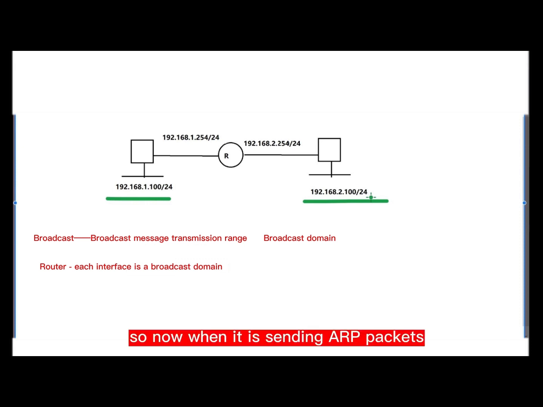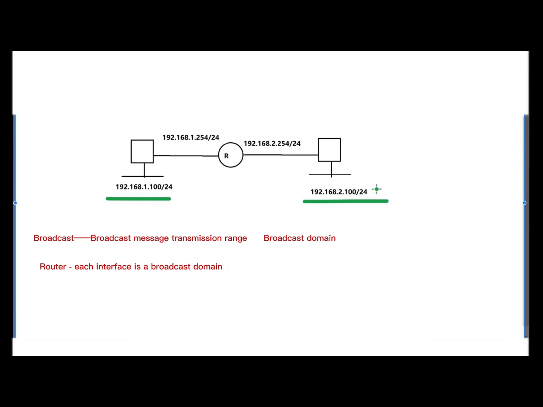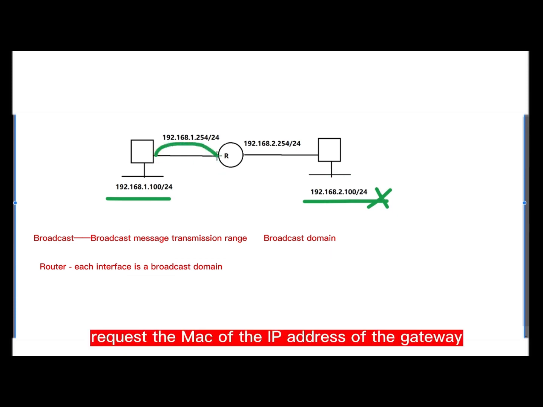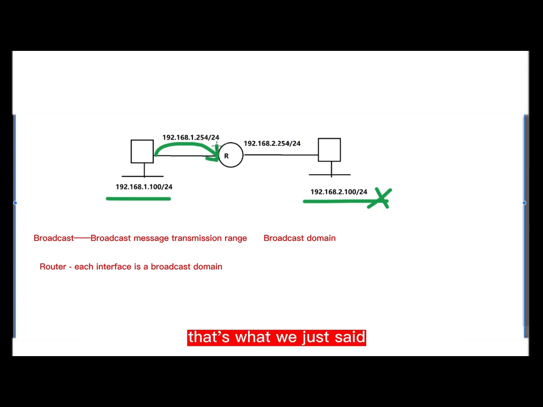So now when it is sending ARP packets, it does not request the peer device. Instead, it requests the MAC of the IP address of the gateway. That's what we just said. The target IP in the message will become 1.254. The target MAC is the MAC that requests the interface of the gateway.